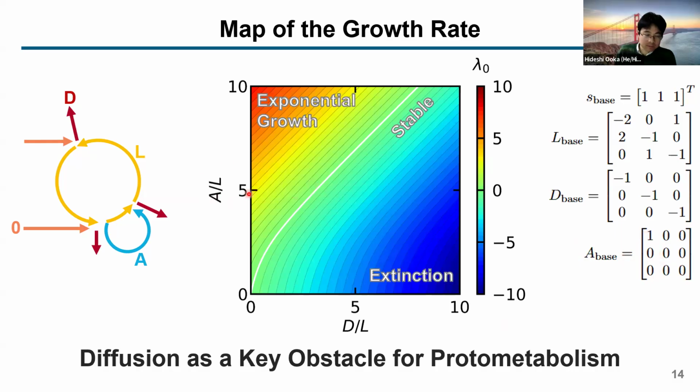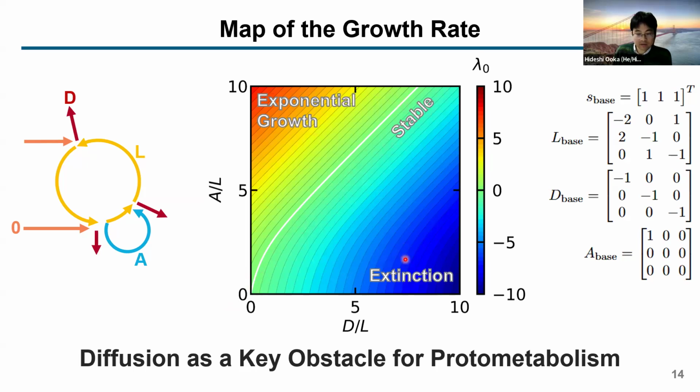So what I'm putting on the x and y axis is, I'm multiplying this Laplacian by some constant factor L, and then I'm multiplying this autocatalytic matrix with some constant factor A, and then I'm multiplying this one by D, and then I can calculate the eigenvalue. In some areas the eigenvalues are negative, and in some areas the eigenvalues are positive. Along this white line, the eigenvalue is 0, and this is where it's stable.